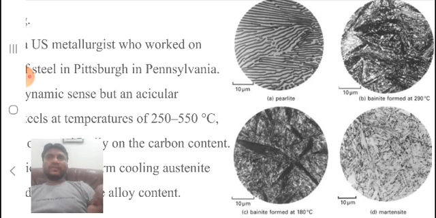Then after bainite, we discussed sorbite and troostite, upper bainite and lower bainite.